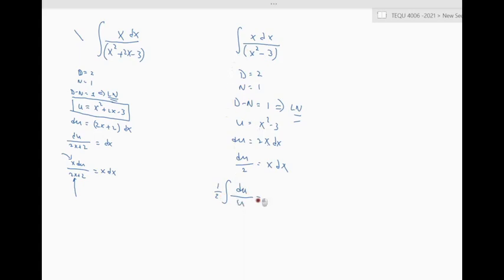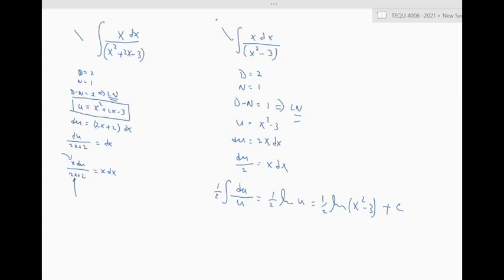So as you can see, this will be 1/2 the logarithm of u, which equals 1/2 the logarithm of x squared minus 3, plus, if we are integrating without any limits on our integral, plus c. So this is basically the result for this integral, as we have learned before.